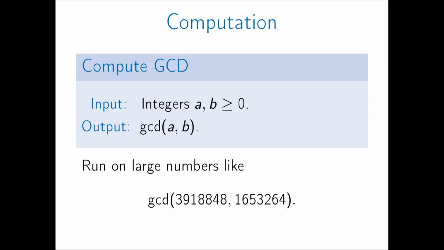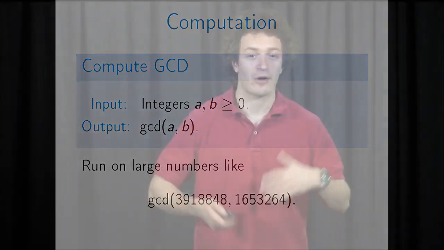We'd like to be able to do things like the GCD of 3,918,848 with 1,653,264. In fact, we'd also like to be able to compute much bigger numbers, 20, 50, 100, 1,000 digits. We'd still like to be able to get GCDs of numbers of those sizes pretty quickly.